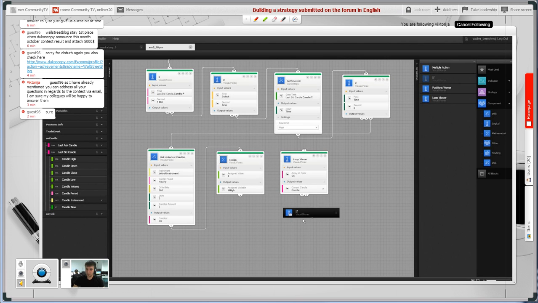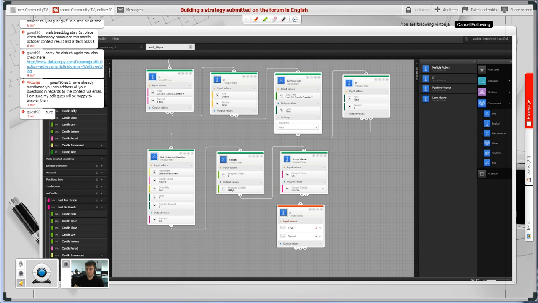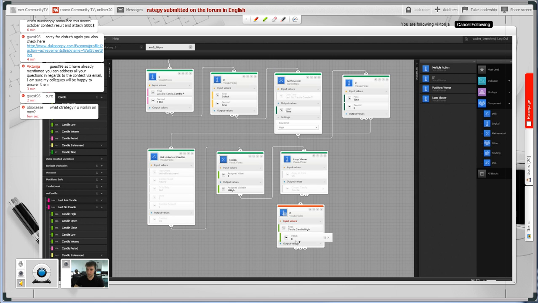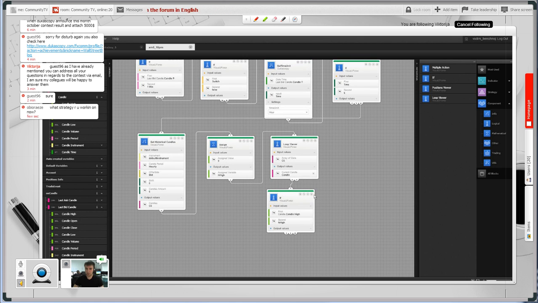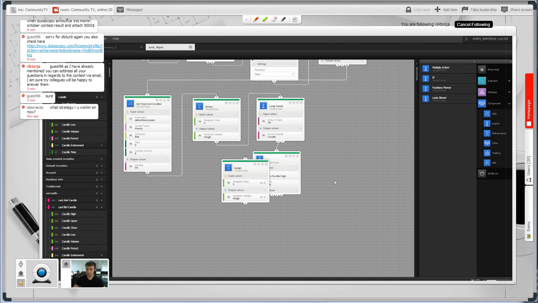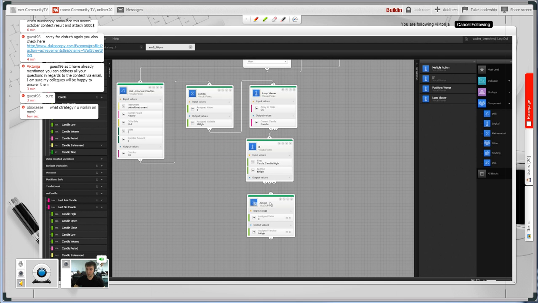And if candle high is more than highest high, look, here goes, then we assign the new high to become the highest high here.